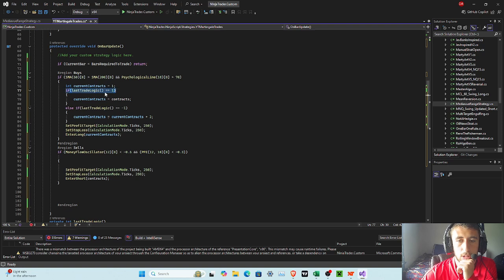Now last trade logic is going to be 1, so we take current contracts, keep it to contracts, which was 1 again. Say we lose that trade. Now we get another signal. Last trade logic equals -1. Current contracts is 1, so we double it, and now we're entering with 2. Say we lose again. Current contracts gets reset to 1, so we don't want that.